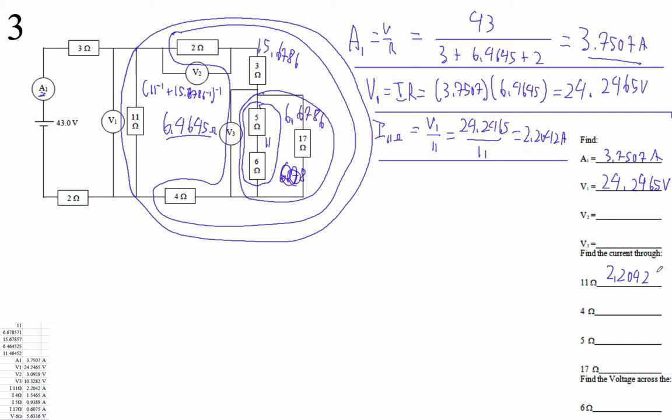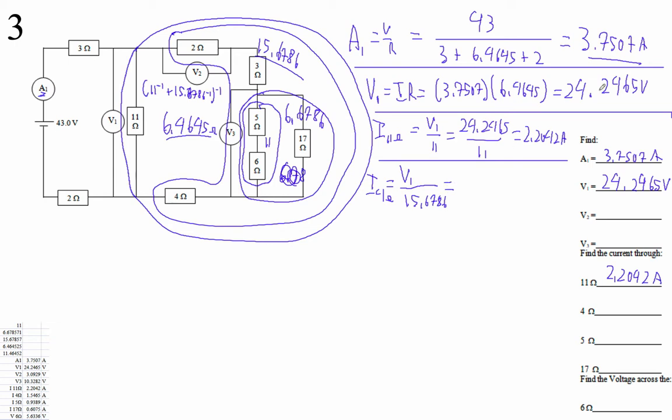All right. This guy's going to be more useful. So the current through this whole side here, which is also the current through the 4 ohm, right? Let's figure that guy out. So I4 ohm is equal to V1 divided by, what's this whole resistance? This whole resistance on this side was this, 15.6786, right?